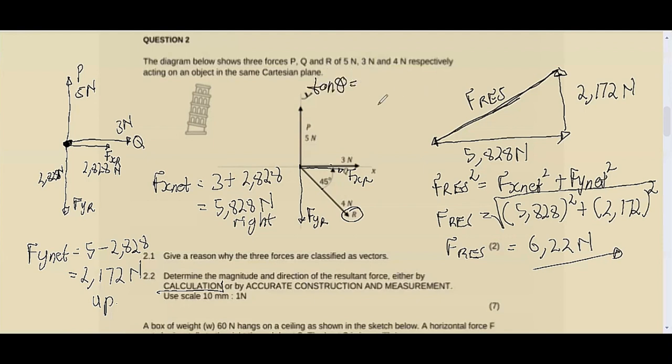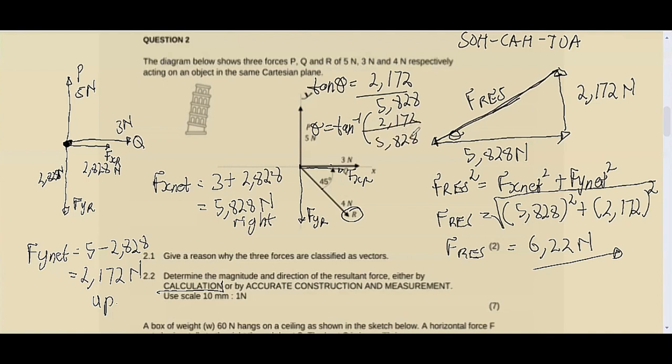We have tan theta, and then we know according to SOHCAHTOA, tan is opposite over adjacent. So if we have our angle here, our opposite will be 2.172, and our adjacent side would be 5.828. Now to calculate the angle, we need to leave the angle, then say tan inverse of 2.172 over 5.828.